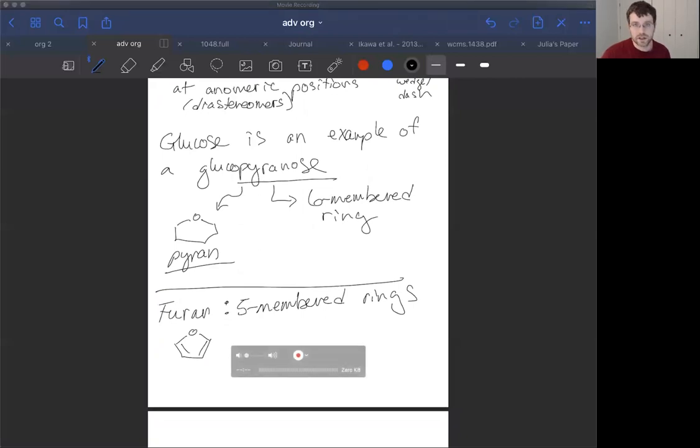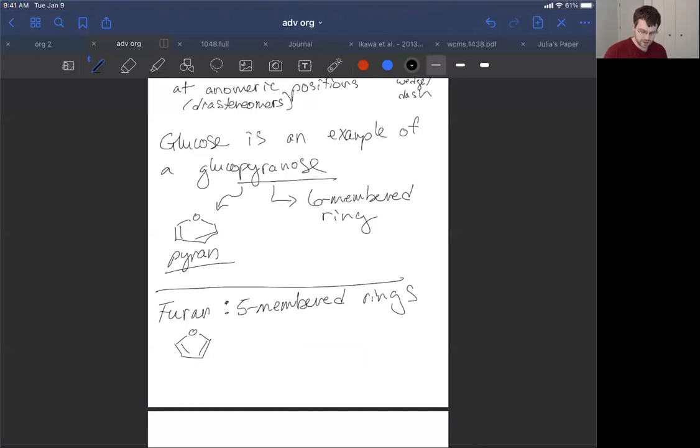I'm just going to check that really quick. Ooh, I'm glad I checked. I was thinking, I think I need some double bonds in there. So there's one pyran. You can move the double bonds if you need to. Thank you for being patient with me. Okay, so now we've got furan. Furan's this aromatic molecule, a five-membered ring.